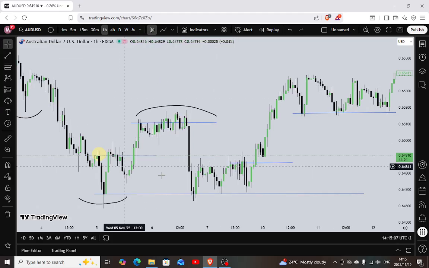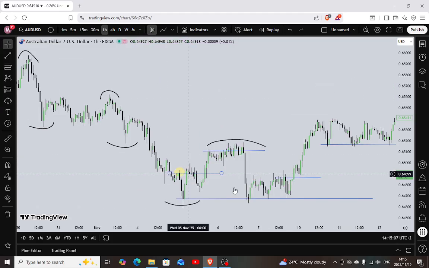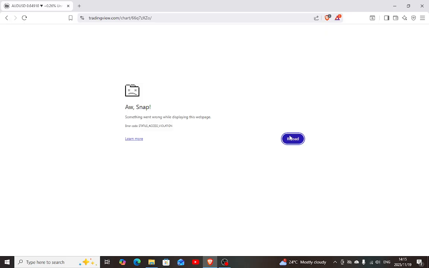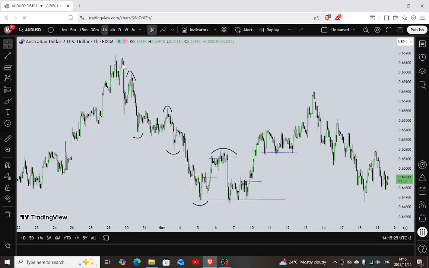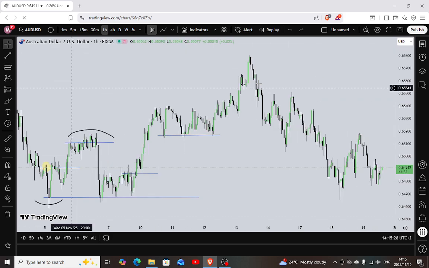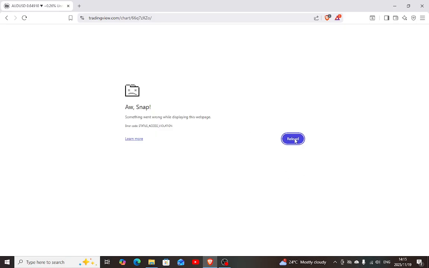You start paying attention to that, because what it tells you is that there's a slight chance that maybe buyers are on the way. They haven't really said anything, but they are also stating their claim that they're around.